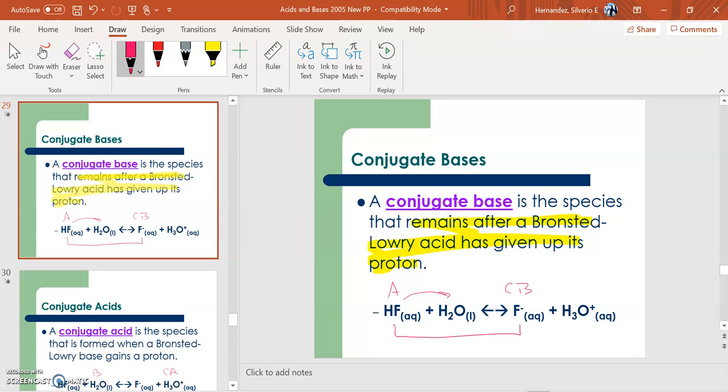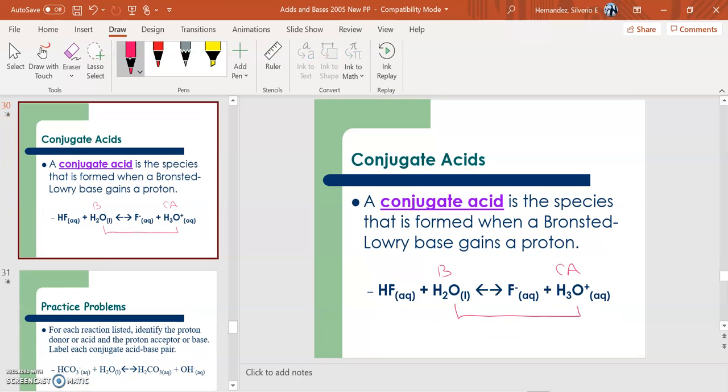And when it does that, it's going to be left with just the fluoride ion. So here, what was my acid now became my conjugate base. So that fluoride ion by itself without the hydrogen ion or that proton now becomes the conjugate base after the reaction is complete.